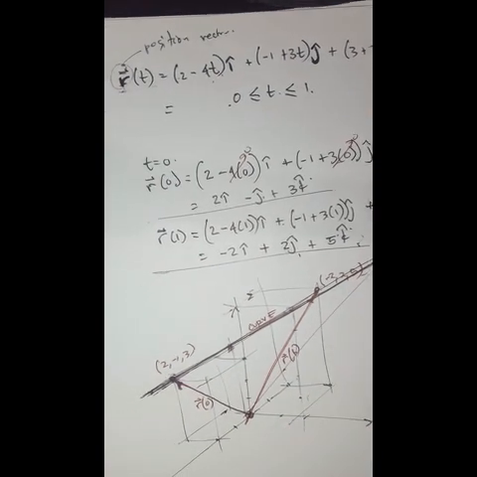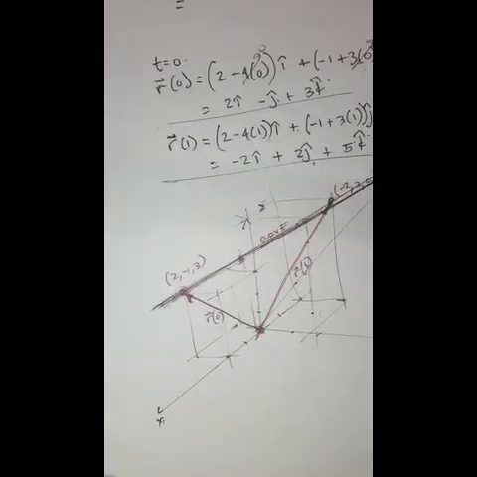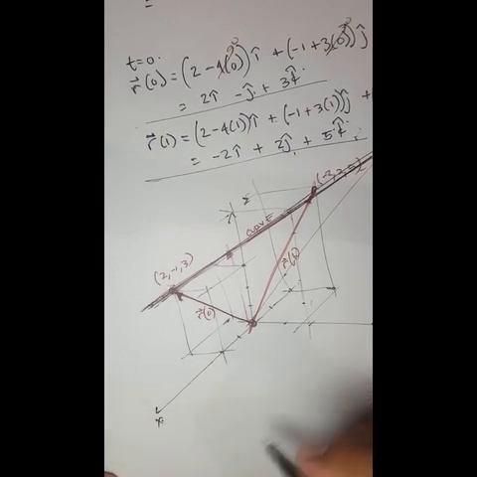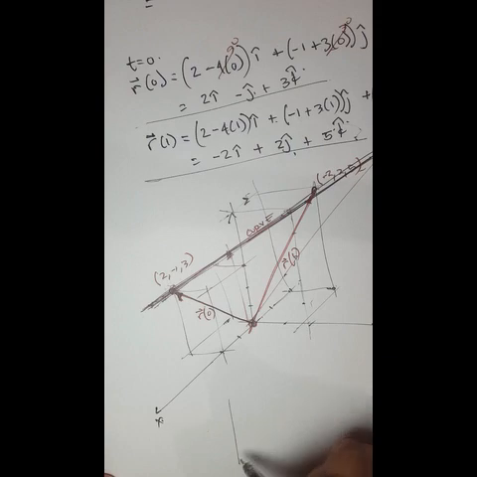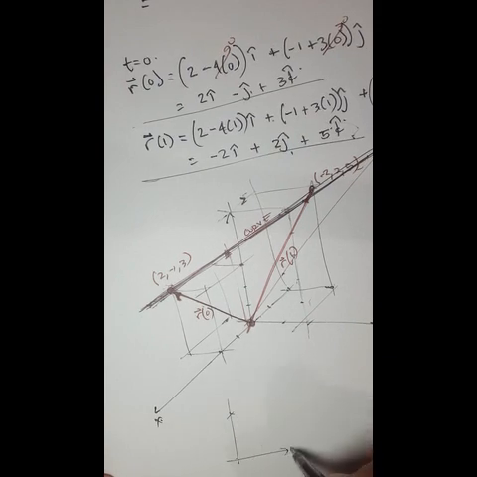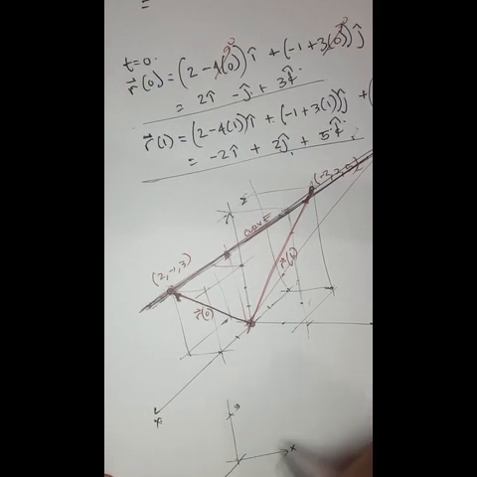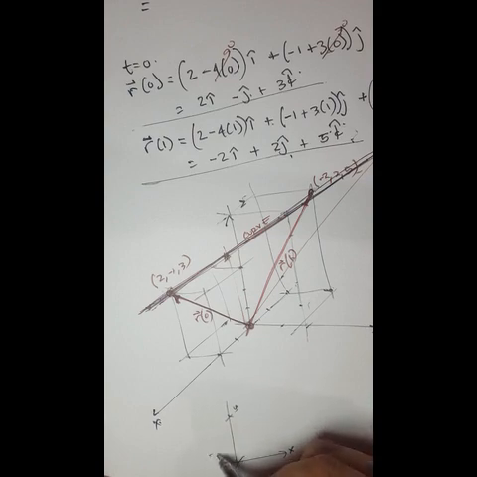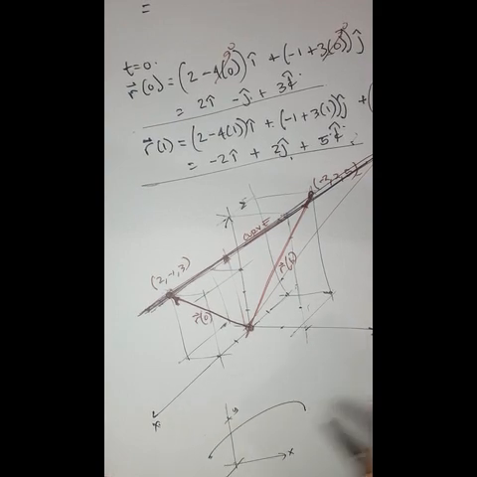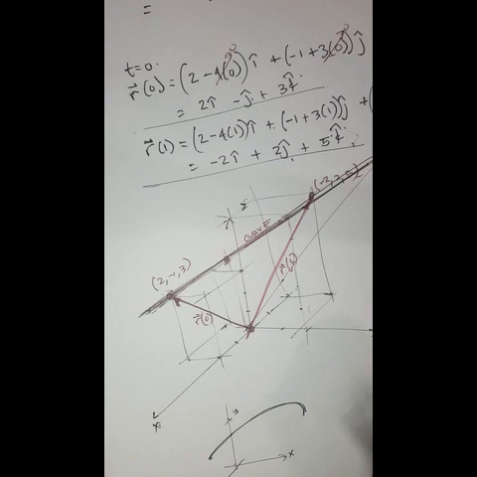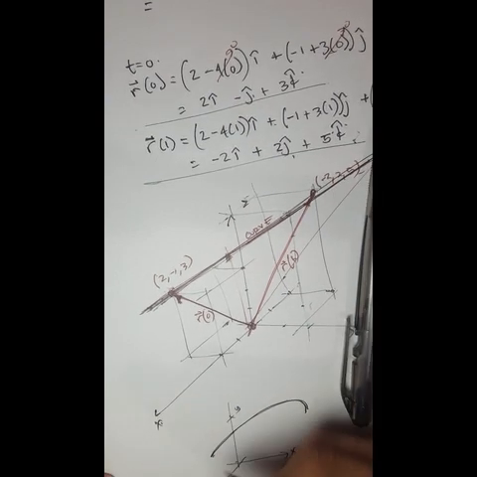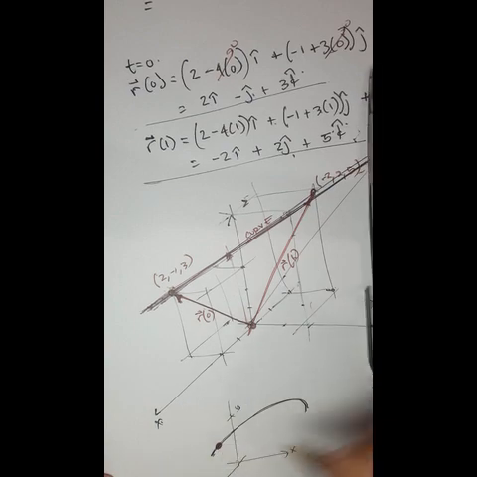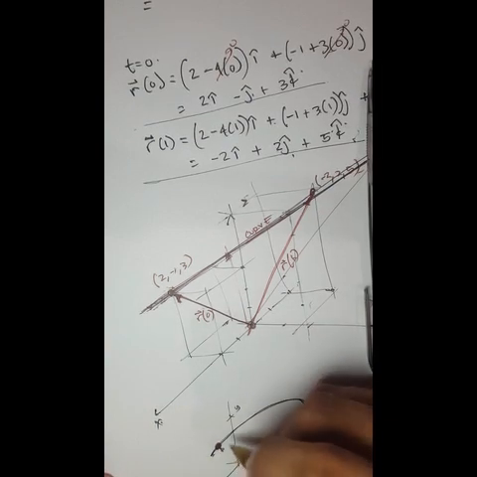What about, for example, if we have a curved path? So for example, these are x, y, z, and then we have this path. For example, at this point, we take the position vector.